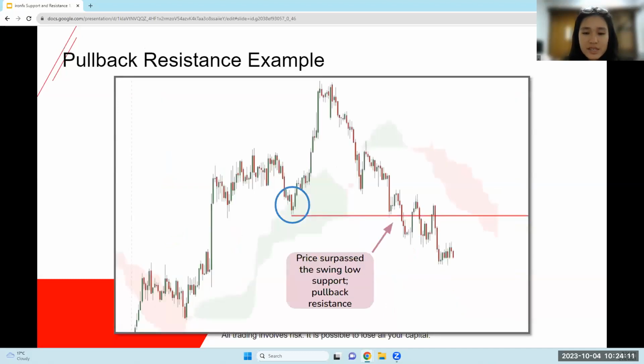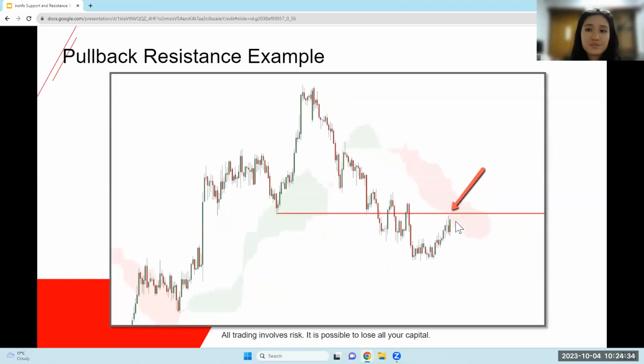Another example here. We have a significant swing low over the circled area, and thus it is a possible support level. But now that price has pulled back and surpassed the swing low support, it is then a pullback resistance. Now let's see if price pulls back to this resistance level.